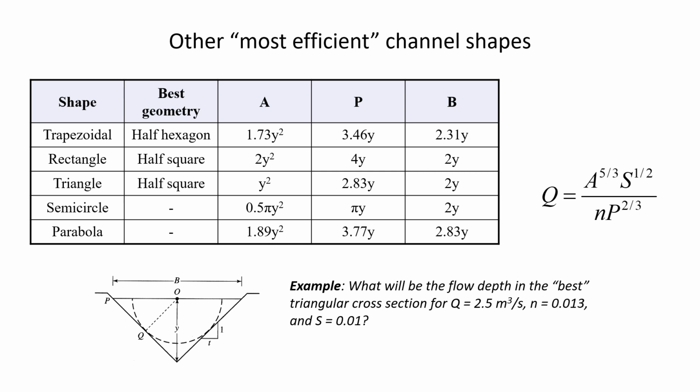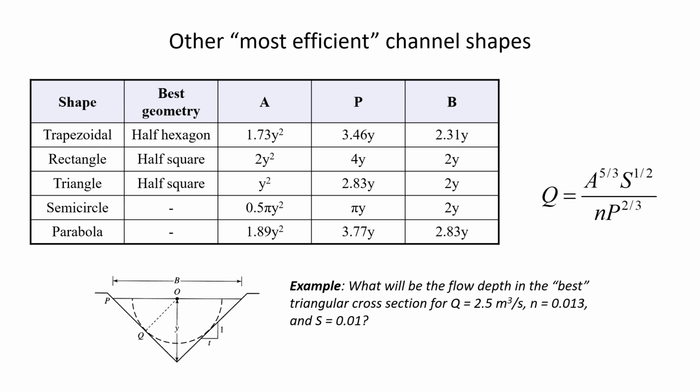Starting with Manning's equation, Q is area to the 5/3, slope to the 1/2, divided by n times wetted perimeter to the 2/3. Okay, so if it's a triangular shape, then we're just going to have y squared to the 5/3 power.